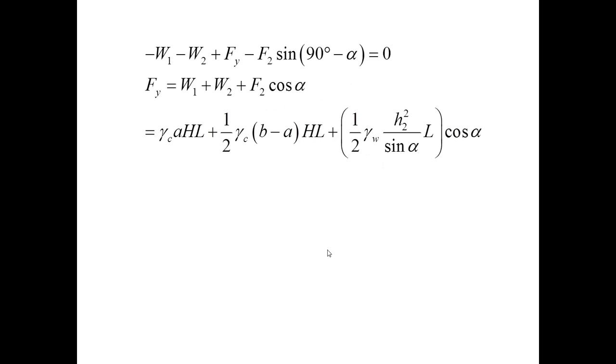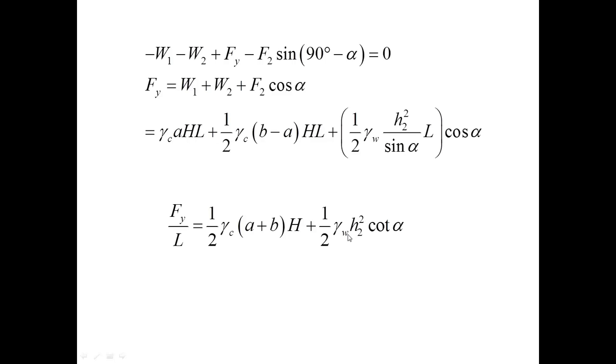For the vertical force, first I write the original equation, and then I substitute the values for W1, W2, and F2 determined earlier, and this gives me an expression for the vertical force per unit length. I would like to draw your attention to the fact that this term is the weight of the concrete per unit length, and this is easy to verify by recognizing that modulo gamma sub c, we see the area of the trapezoid here.